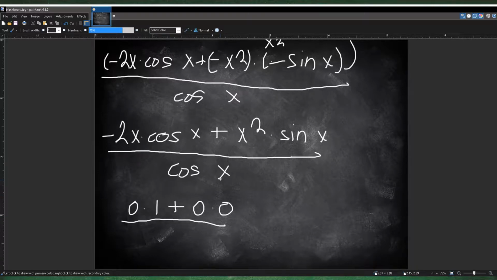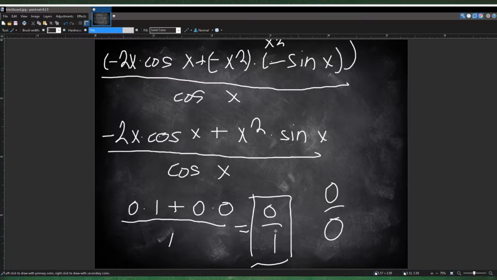And cosine of 0 is 1. Okay, so we have 0 times 1, which is 0, and 0 plus 0, which is 0. So 0 plus 0 is 0 over 1. This is not an indeterminate form, because an indeterminate is 0 over 0, right? This is 0 over 1, so it's different. So our answer is 0 divided by 1, which is just 0, right?